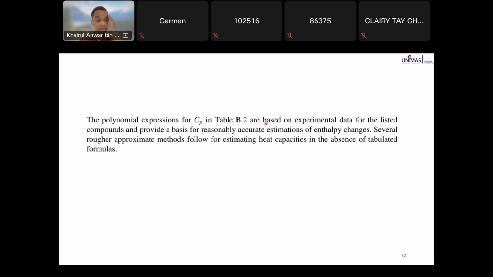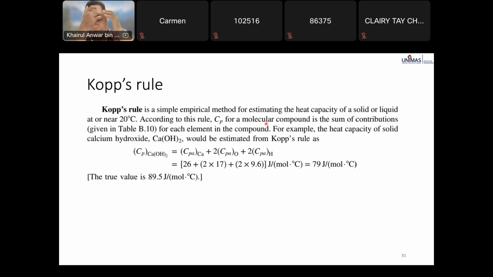Several rougher approximate methods follow for estimating heat capacity in the absence of tabulated formula. So in the absence of tabulated formula, like the one that you saw in table B2, you can do the estimation of heat capacity, Cp. The first method is Kopp's rule.